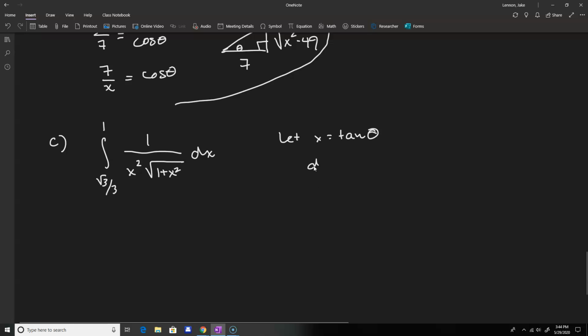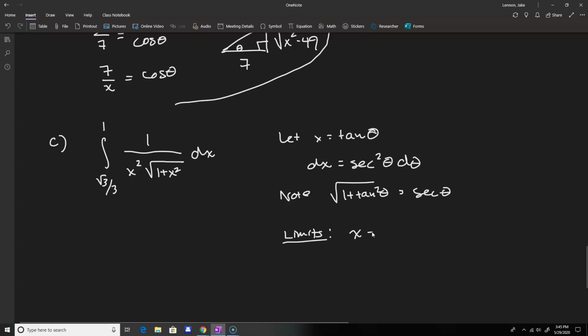That means dx is going to be secant squared theta d theta, and also note that the square root of 1 plus tangent squared theta simplifies to the secant of theta. So we'll do that all in one step. And then we have our limits, and we want to switch those over.